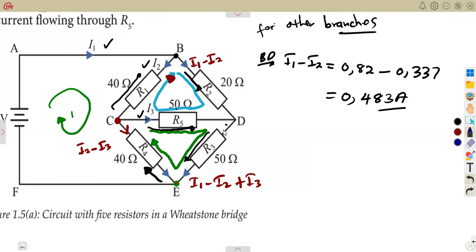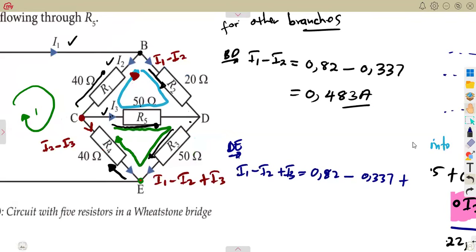We also have this branch here of DE. In this branch of DE, that's where we have I1 minus I2 plus I3. So it was going to be I1, which was 0.82, minus I2, our I2 0.337, plus I3.